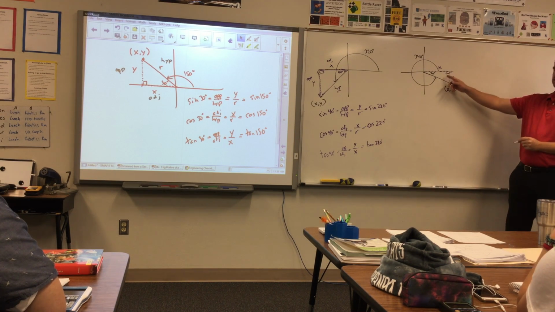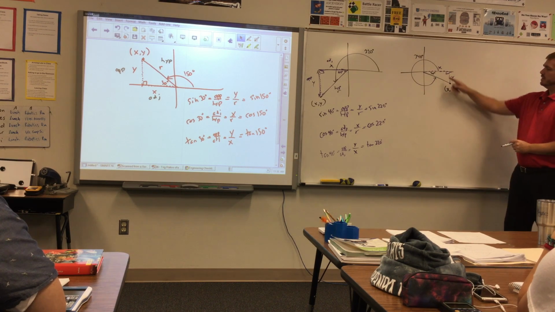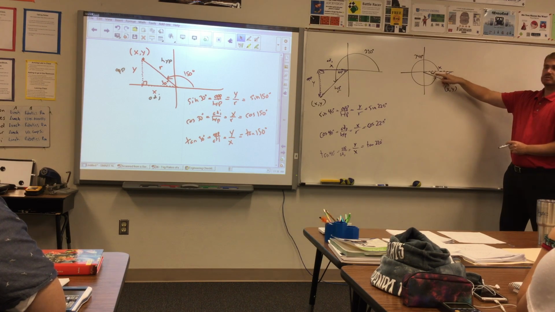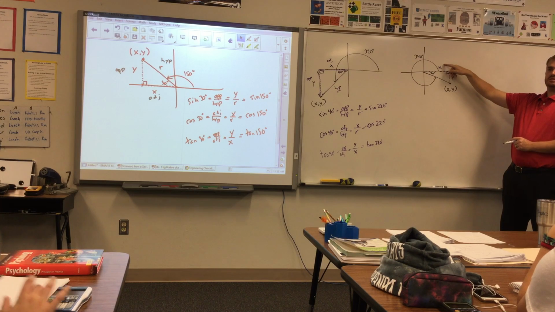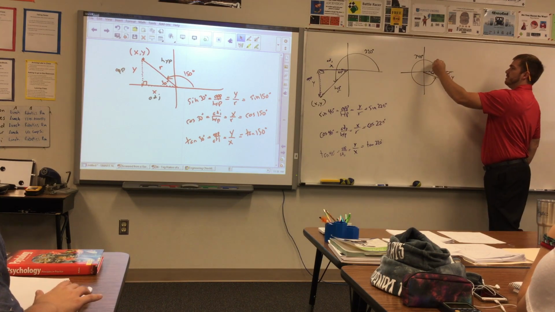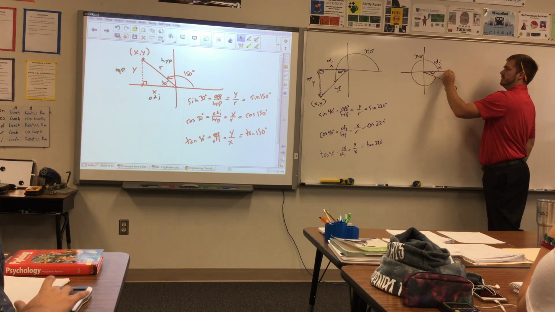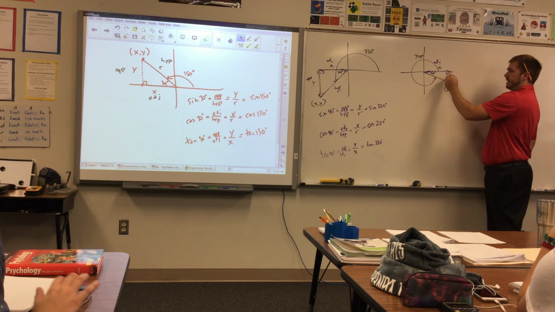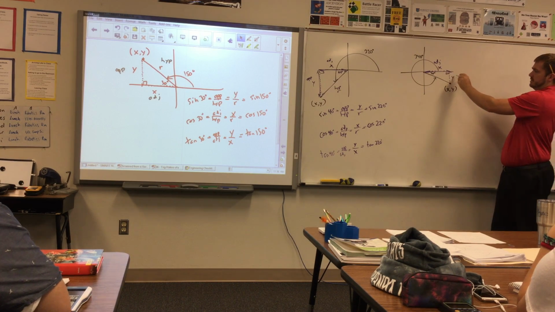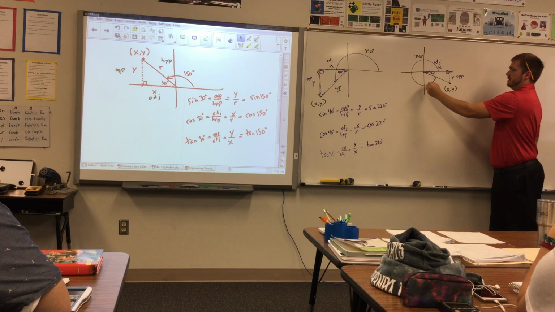I can see a nice right triangle here formed by the reference angle. Talk to me in reference to that 20 degrees, what is the x? It's the adjacent. All right. And what about the y? Opposite. And the hypotenuse is the r.